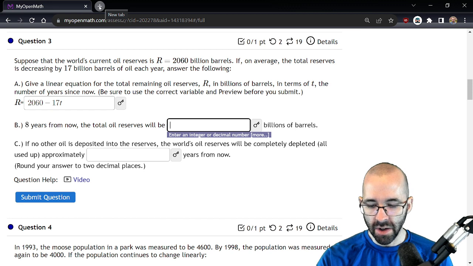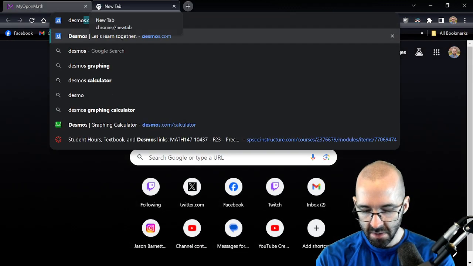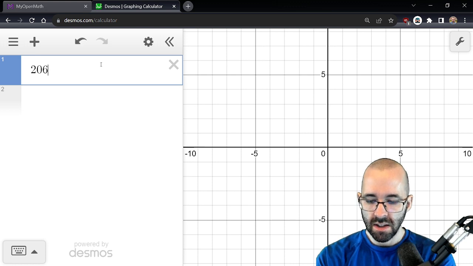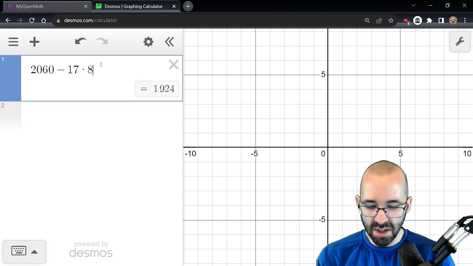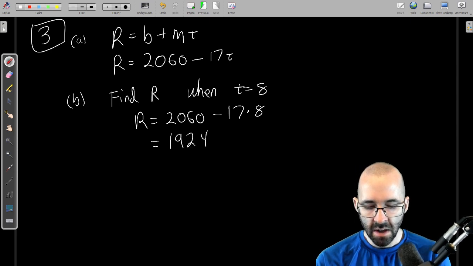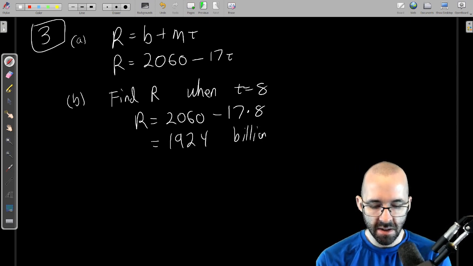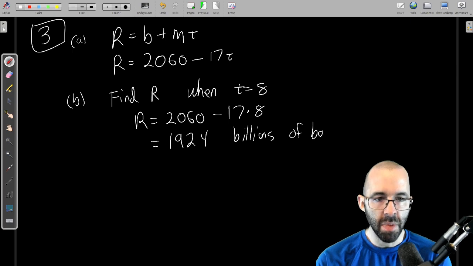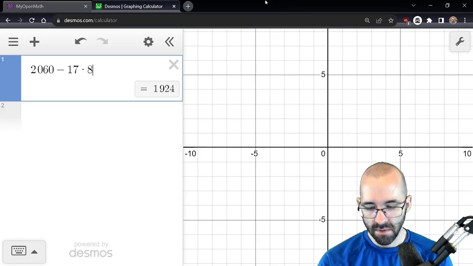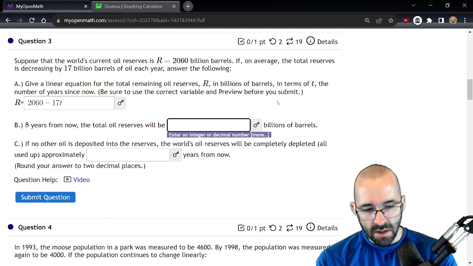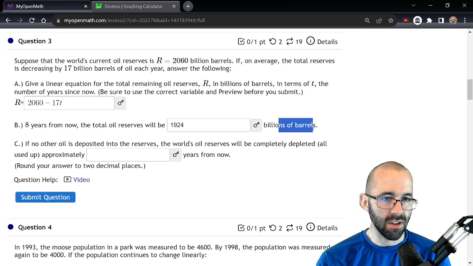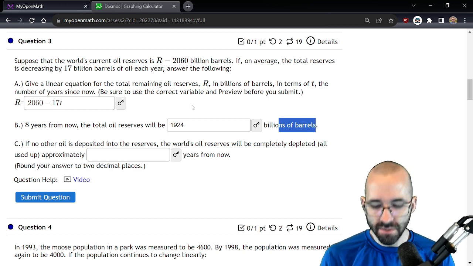Oh, I don't have Desmos anymore. 2060 minus 17 times 8, 1924. Again, this is billions of barrels. So 1924, and it already tells you that it's already taking your answer in billions of barrels.